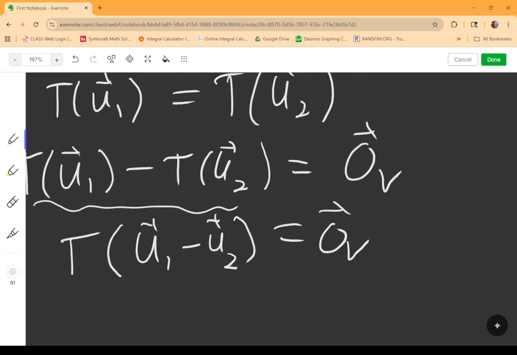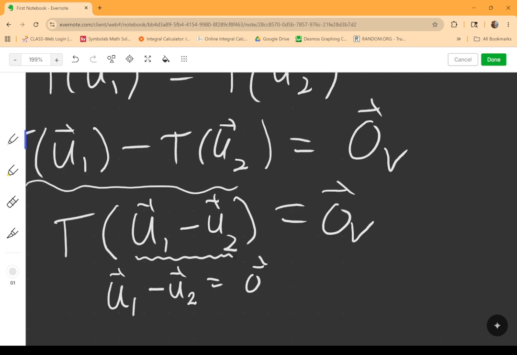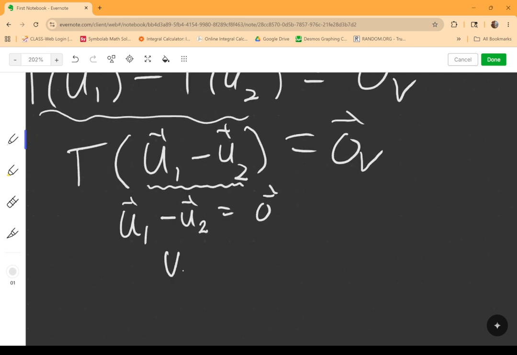So that means that this vector u1 minus u2 must be in the kernel of T. But by assumption, there is only one element in the kernel of T, and that is the 0 vector. So that means that u1 must be equal to u2. Hence, it is an injective linear transformation.